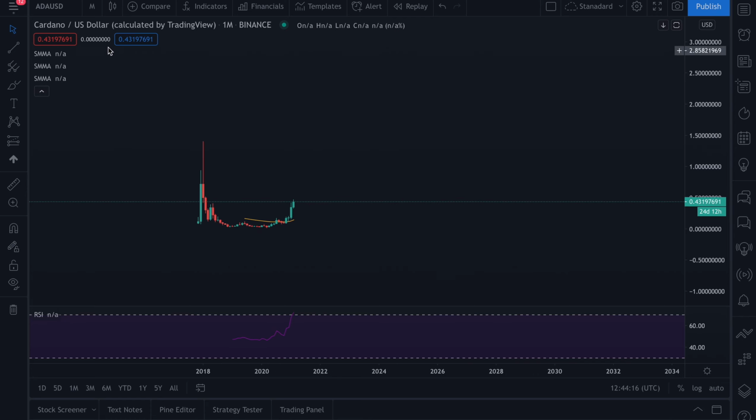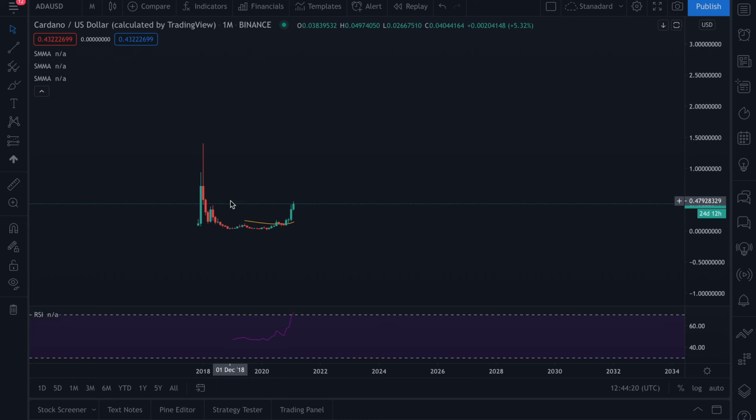Now, we'll start off with the monthly time frame. From the monthly time frame, all we're trying to figure out is, where is the overall trend going, right? So we can see here in 2017, of course, we saw the massive bull run, pretty much against all cryptocurrencies. So Cardano also went to an all-time high of $1.40.